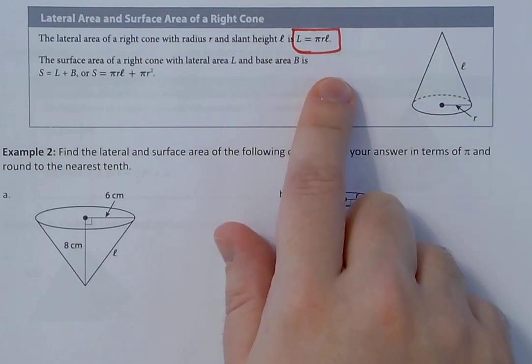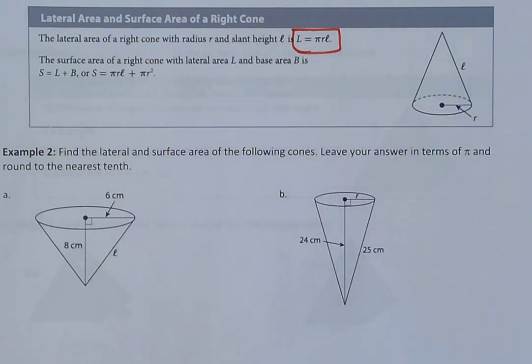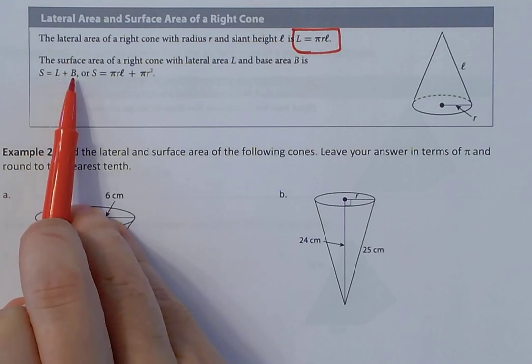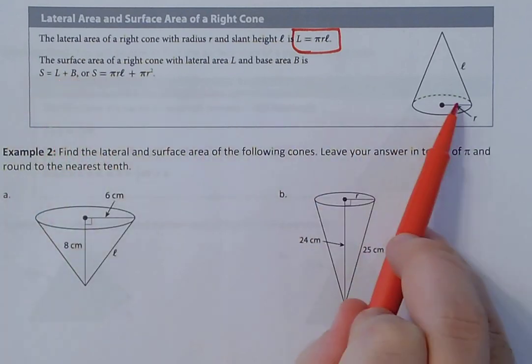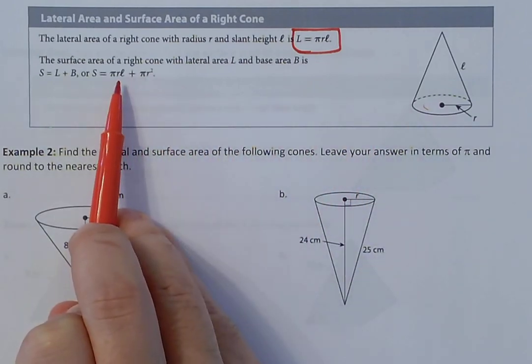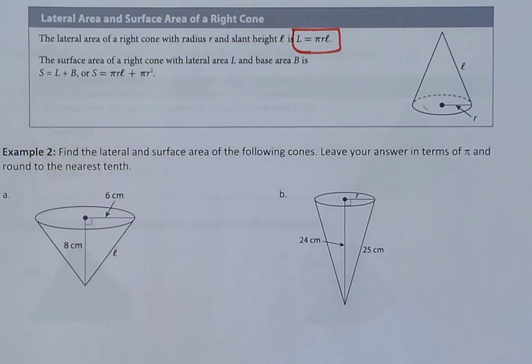Now, once you know your lateral area, we can figure out our surface area. Surface area is the lateral area plus the area of the base, so that's the area of this circle. We could also write it as pi r L plus pi r squared. I like to adjust this just a touch.